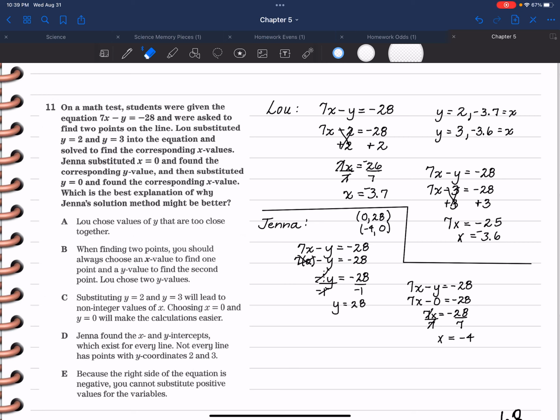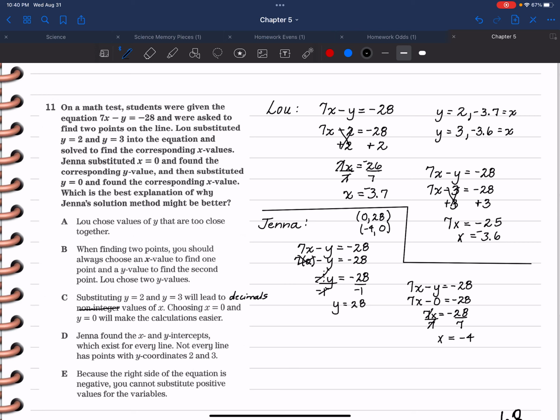Has nothing to do with it. Substituting y is 2 and y is 3 will lead to non-integer values of x. That's another way of saying it will lead to decimals for x. Choosing x is 0 and y is 0 will make the calculations easier. Okay, that one is true.